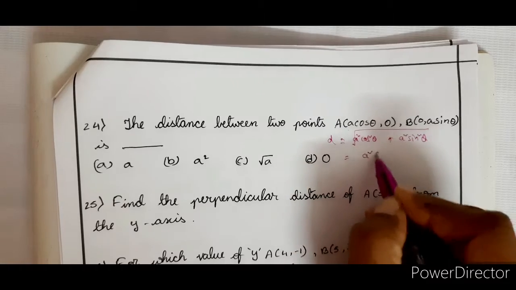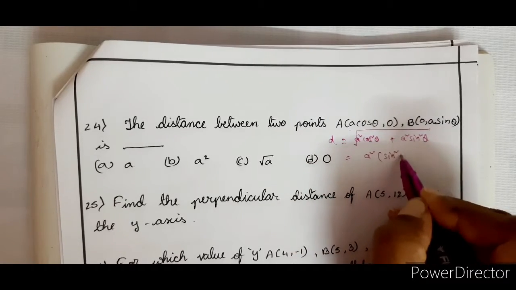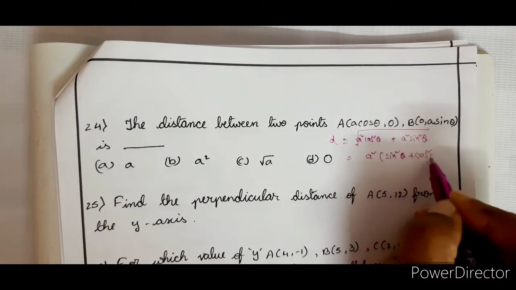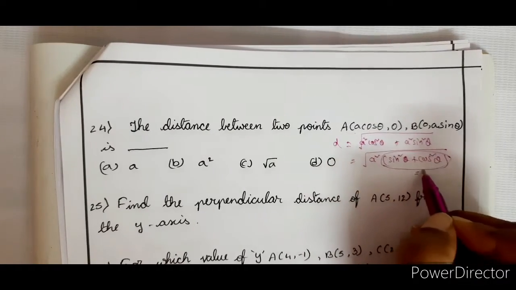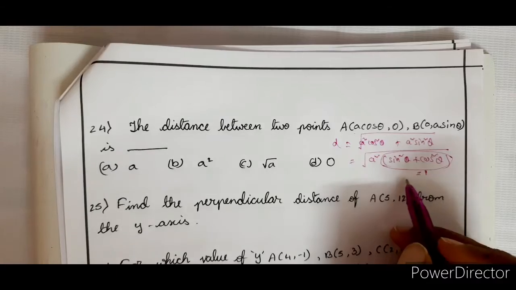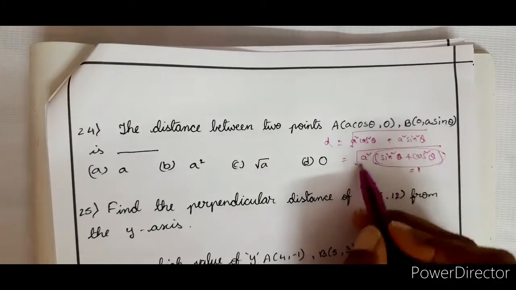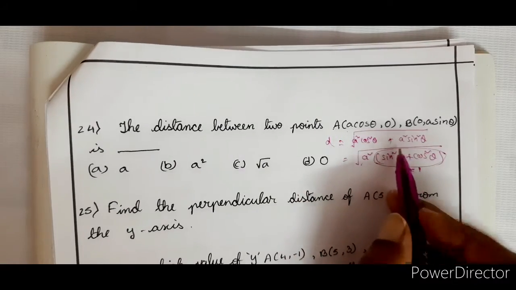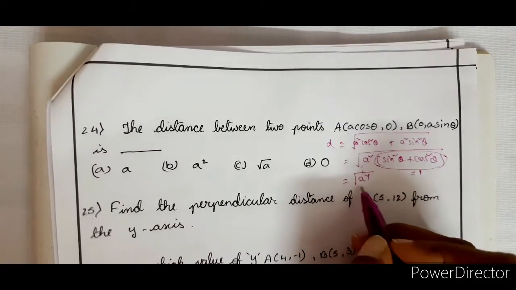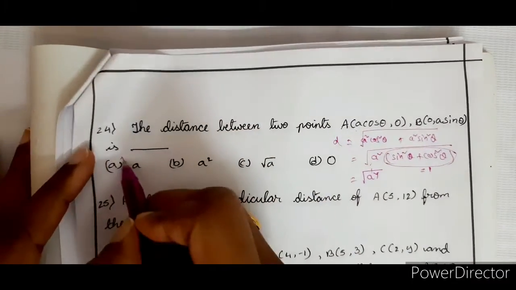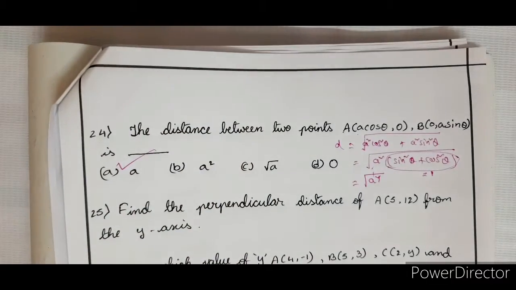Taking a squared common, you will get sin squared theta plus cos squared theta. From trigonometric ratios, sin squared theta plus cos squared theta is equal to 1. So a squared into 1 is equal to a squared. The square and square root will get cancelled. So the distance is equal to a. So option A is the right one.